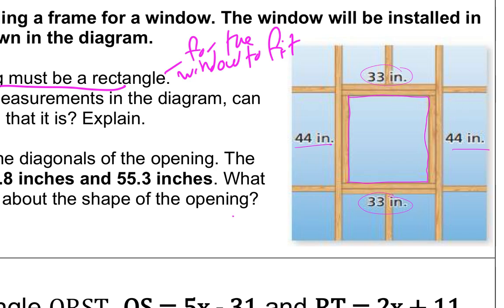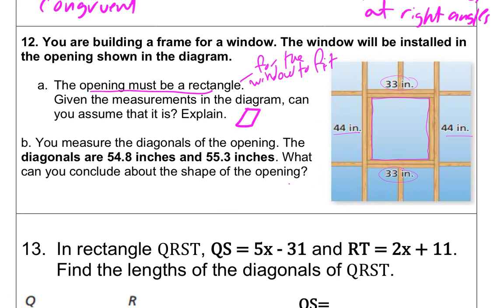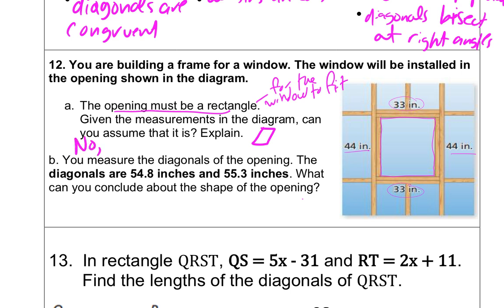It could be slanted a little bit, off just a little bit like that. So the answer is no, because we're not sure if they're right angles. If they're right angles, then we could say that it's a rectangle.